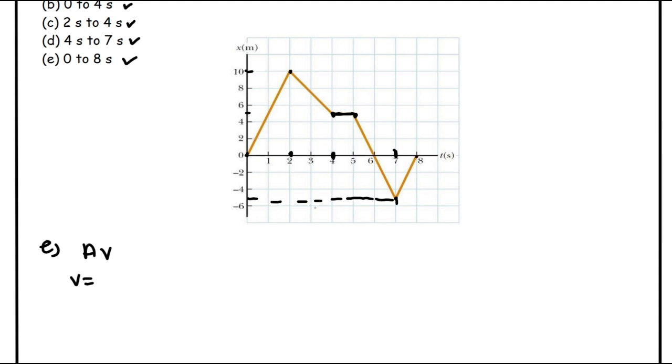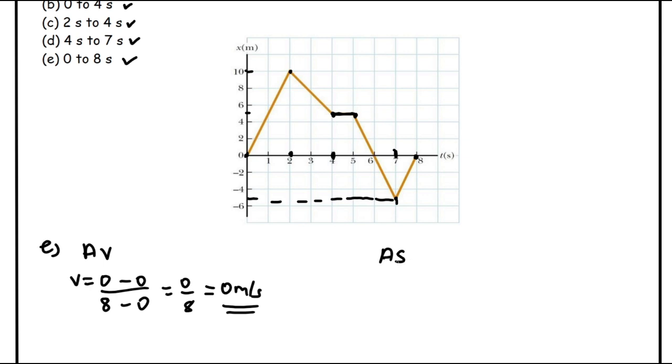The final displacement, when we go to 8 seconds, is 0, minus the initial, which is also 0, divided by the total time, 8 minus 0. This gives us 0 over 8, which is 0 meters per second. Because it comes back to the same position, the average velocity is 0.